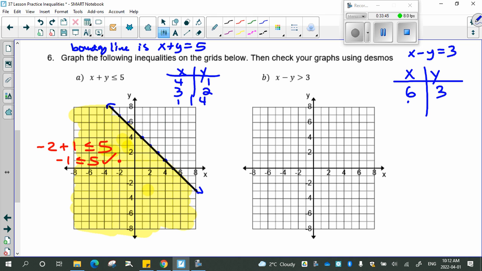Yep, 4 and 1. 4 minus 1 is 3. And one more? 5 minus 2 is 3. Okay, so let's plot them. So 6, 3, 4, 1, 5, 2. All right, we can definitely see our pattern.